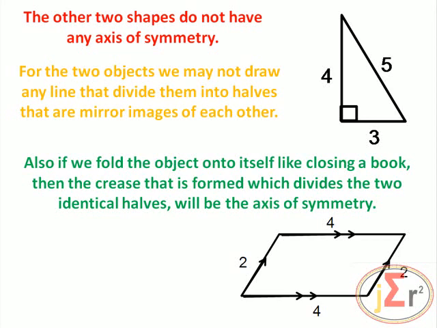Also, if we fold the object onto itself, like closing a book, then the crease that is formed, which divides the two identical halves, will be the axis of symmetry.